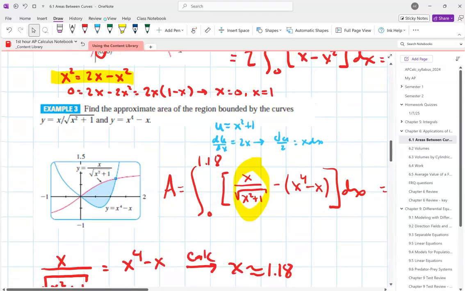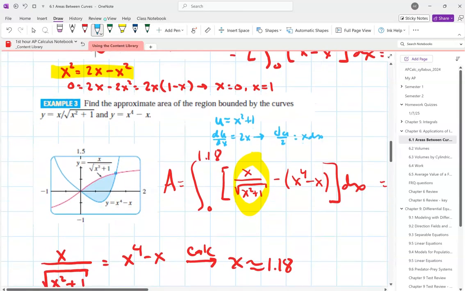So this is really going to be... Everybody's okay with how I'm picturing that first integral?